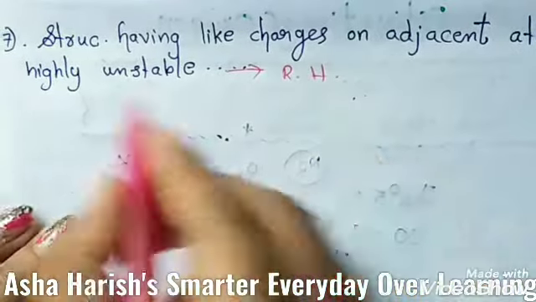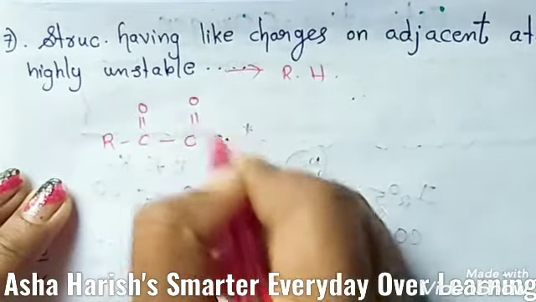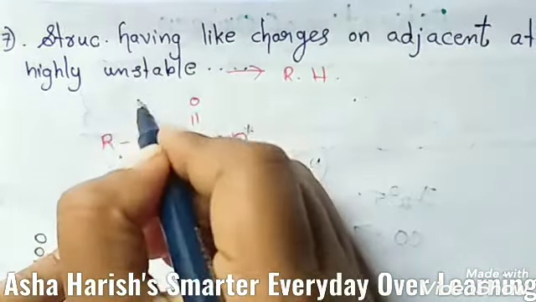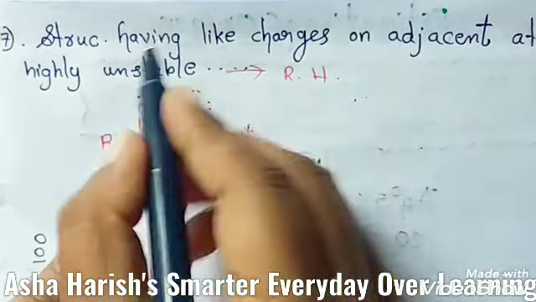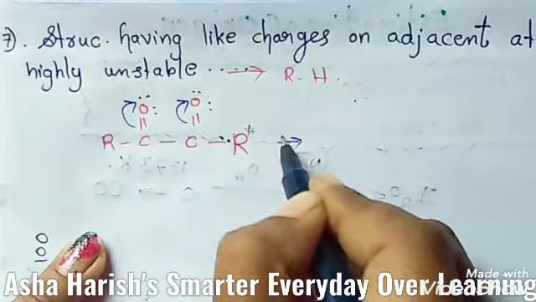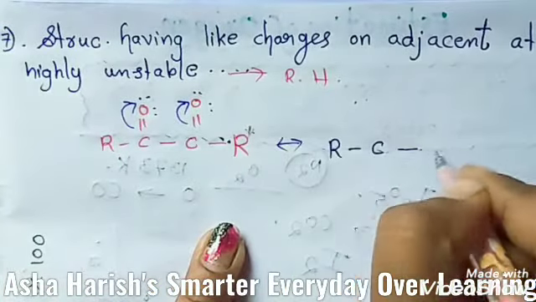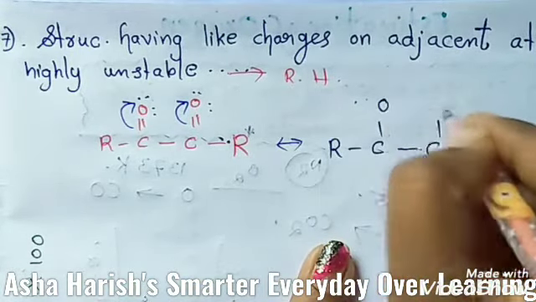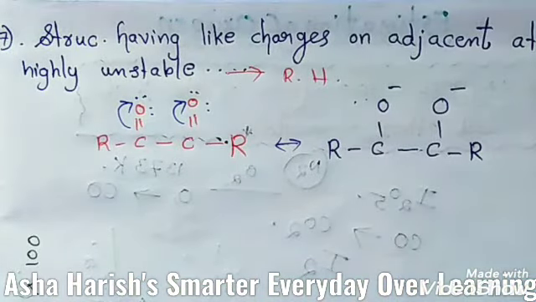For example, in this structure R, C double bond O, again C double bond O, here R. If you represent the lone pairs of electrons on this oxygen atom, 2 pairs, and here also 2 pairs, and this bond shifts like this and here also the same, then the formed structure is R single bond C, and here C again R, and here single bond O. Here the possibility of formation of negative charges takes place.